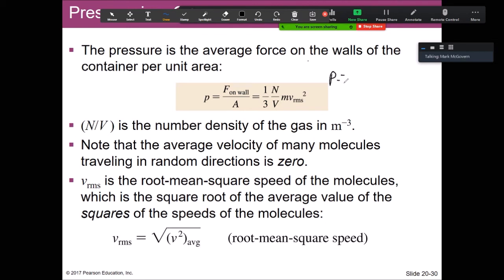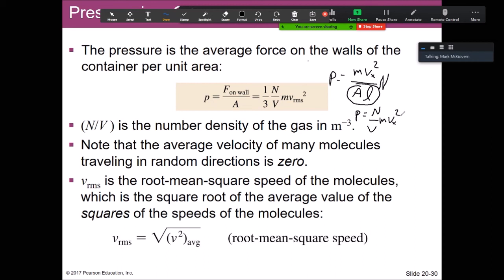My force was m Vx squared over L. Now the A comes from here, this A. And in fact, I'm going to throw the N in there too, because now we're talking about the overall pressure, so that's going to be the number of molecules. The bottom here, the surface area of the container times the length of it, well, that's volume, actually, right? So we can change this into N m Vx squared over V.